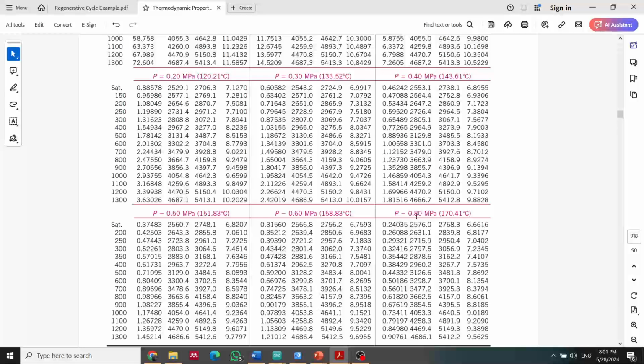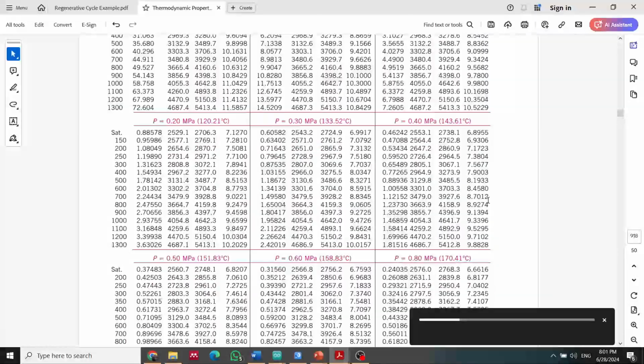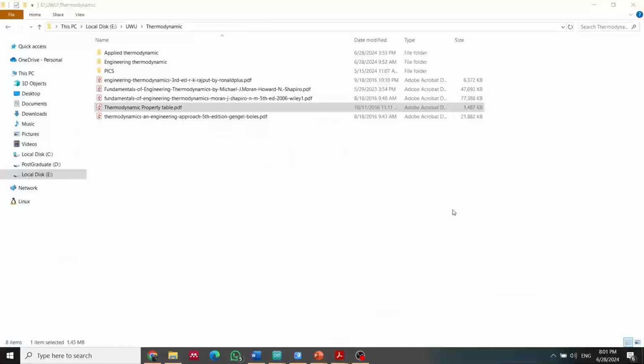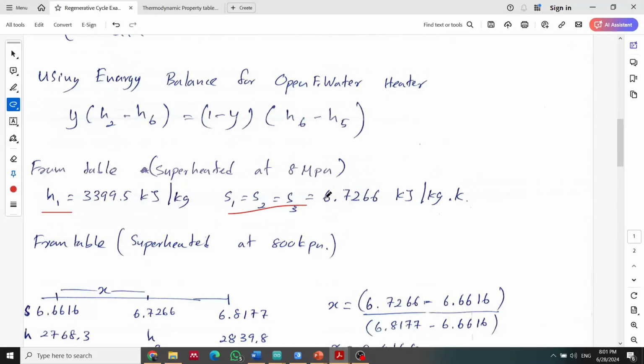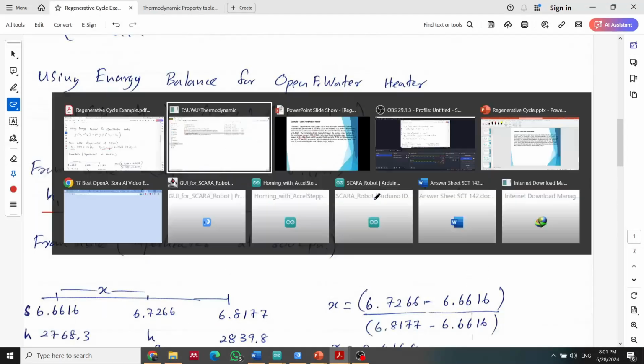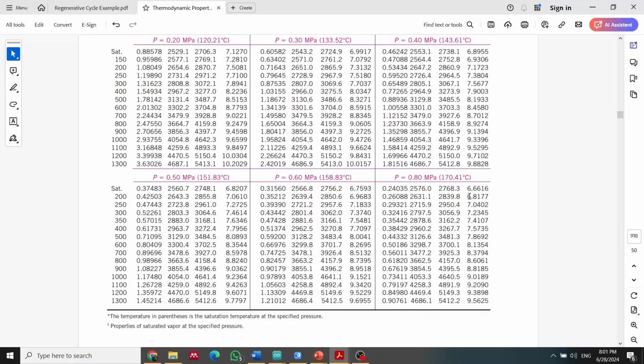So here we have 0.8 megapascal. Then the S value, our value of interest, is 6.7266. 6.7 is in between this one. We have 6.66 as well as 6.81.